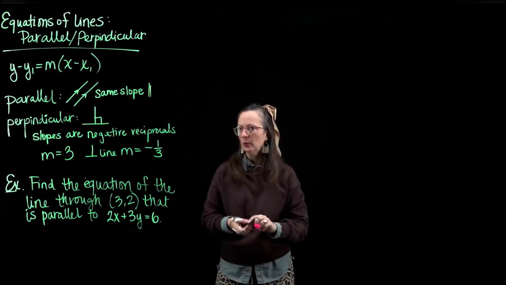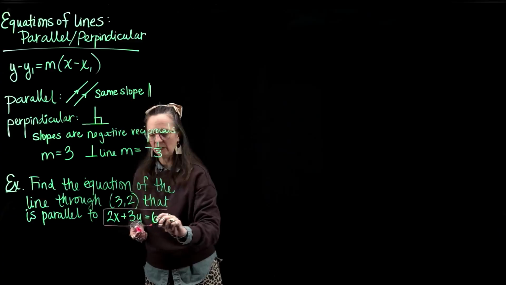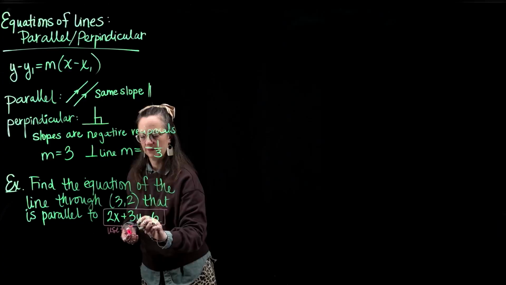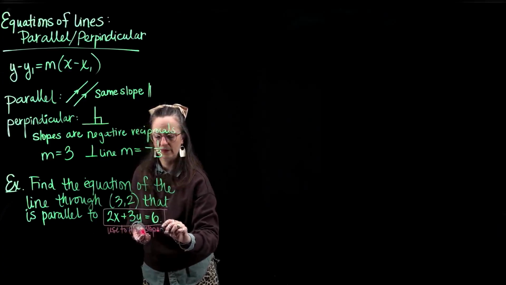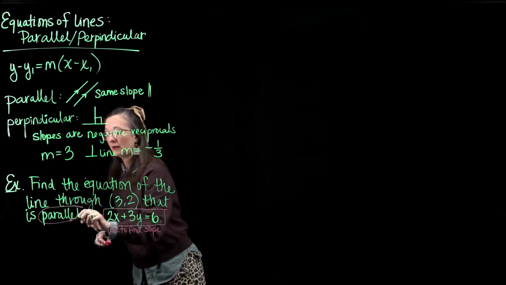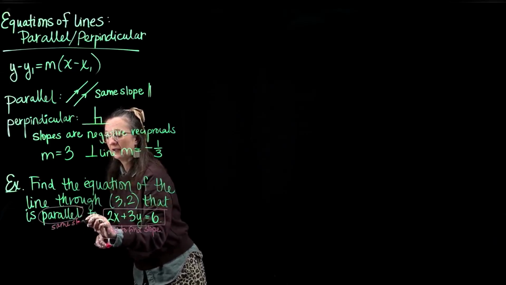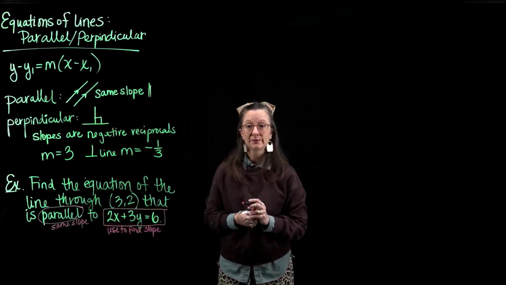Now there's something really important here. I'm going to use the line I have to find the slope. And because I'm told that it is parallel, that means that my new line has the same slope as the line I've been given.